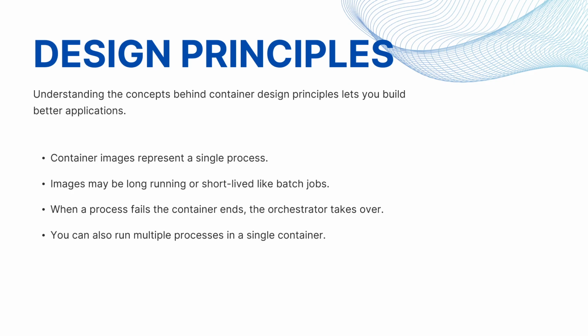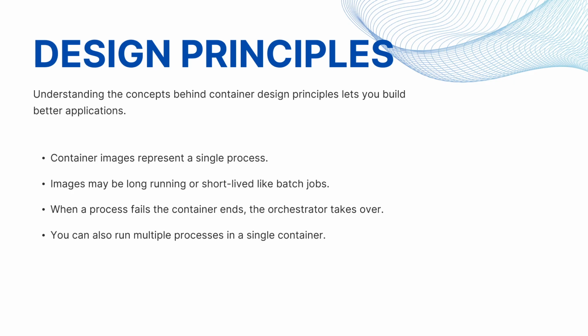That definition defines a process whose lifetime controls the lifetime of the container. So for example, it might be a long-running process like a web service, an API, but it could also be a short-lived process like a batch, something that you might previously have run in something like Azure Web Jobs. When the process completes, the container lifecycle effectively ends.